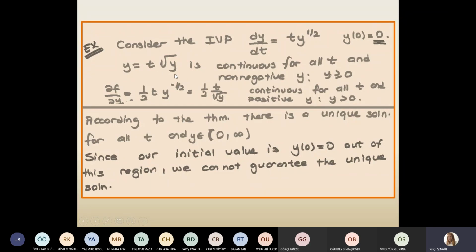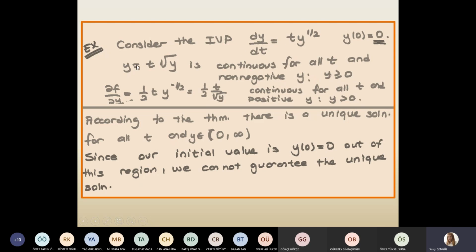So the question now is, is t square root of y continuous? t is continuous everywhere, and square root of y is continuous for all t and non-negative y. You know that this is y bigger than or equal to 0. If it is negative, you will have complex numbers. So for continuity region, for square root functions, the inside should always be bigger than or equal to 0. So we have the region y bigger than or equal to 0.